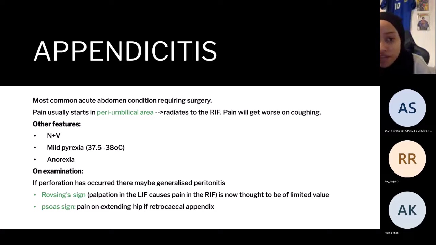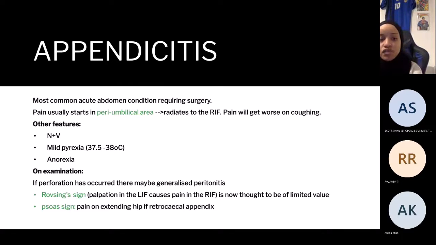Pain will get worse on coughing as well. So you get these common features. You might get nausea and vomiting. You'll get a temperature, and you might also get anorexia, so the patient will not want to eat at all. On examination, if perforation has occurred, they might get generalized peritonitis, which this patient might have.